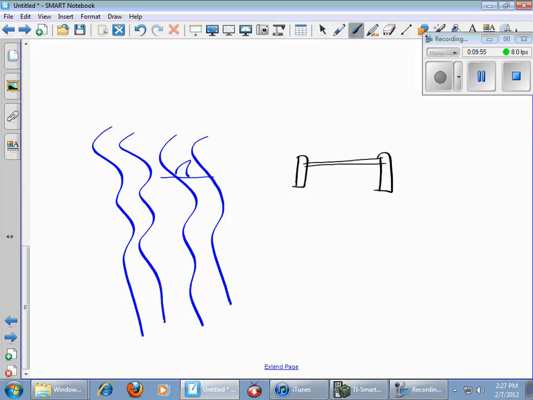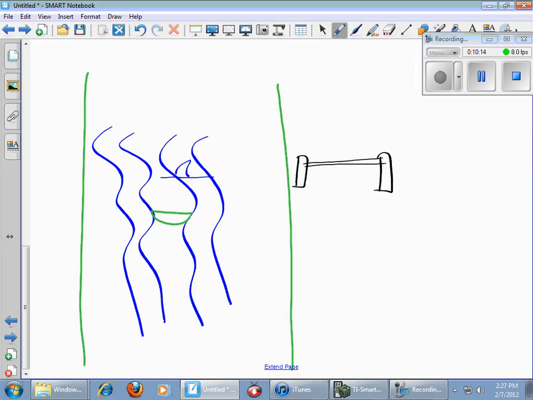All right, and your boat. Now, when you had set out for the trip, let me do the shore in here, make the shore green, you knew your boat was being carried downstream by the river.